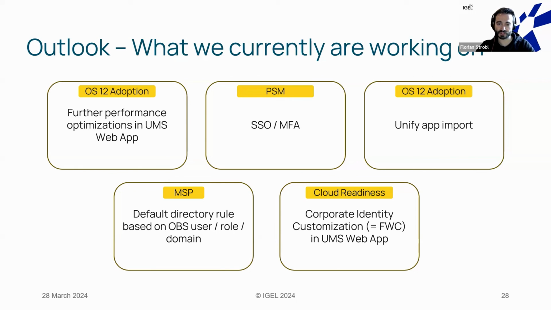It's a really nice feature. I can just recommend it. And last but not least, we are working on the formerly called firmware customizations. It's now called corporate identity customization, and we want to bring this into the UMS Web App and even improve it here. So this is what my development teams are currently working on.